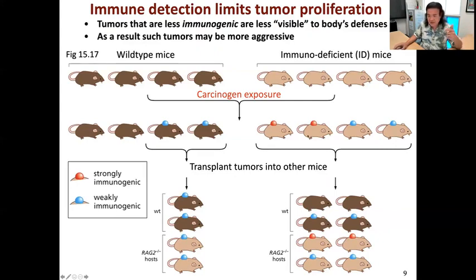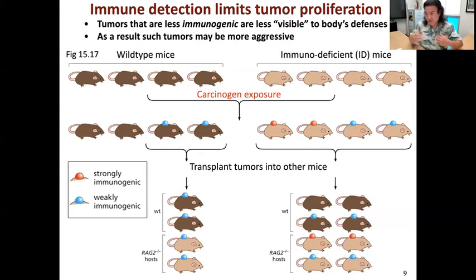But look at what happens if you take some of these strongly immunogenic tumors and inject them into mice. What you find is that the strongly immunogenic tumors don't grow in the strong immune systems of the dark brown mice. Why? Because the immune system sees them a lot quicker and a lot easier, so there's a better chance of the immune system in a healthy brown mouse destroying these cancer cells.